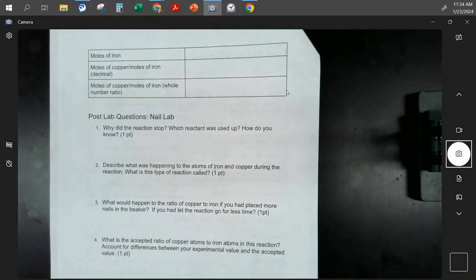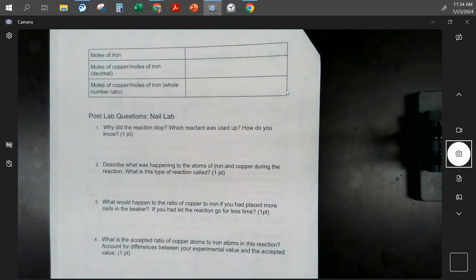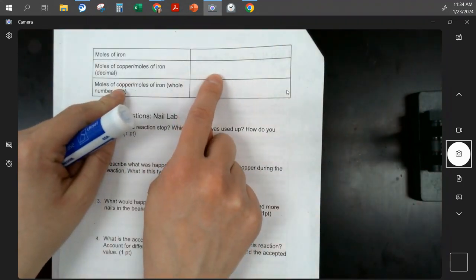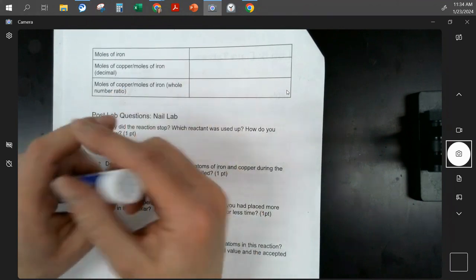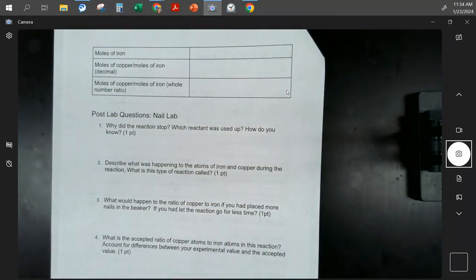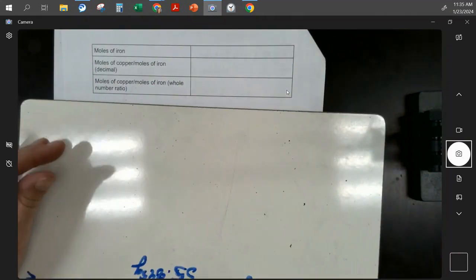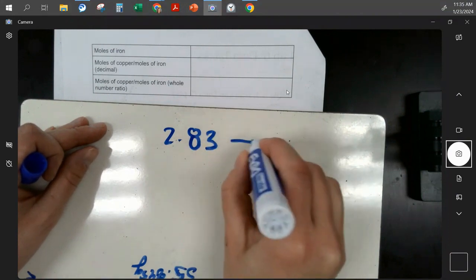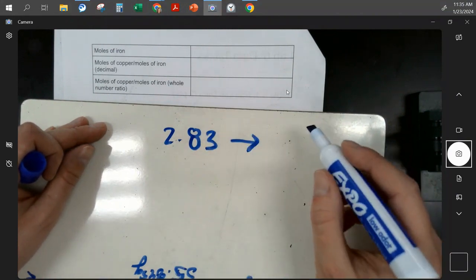And then the next box says moles of copper divided by moles of iron as a whole number ratio. So you're just going to take the number here and round it to the nearest whole number. For example, if my ratio ended up being like 2.83, what's the nearest whole number? 3.